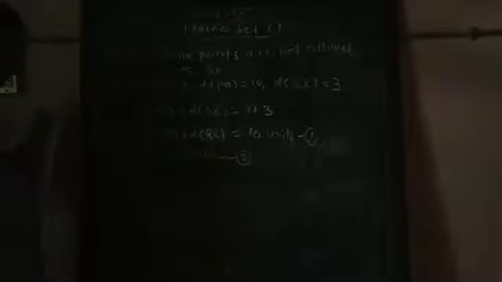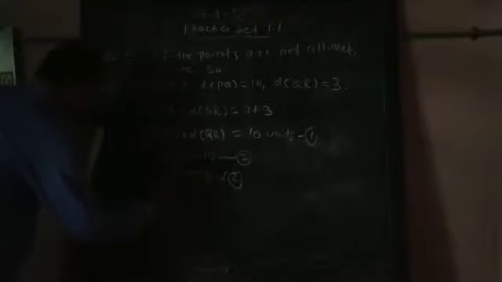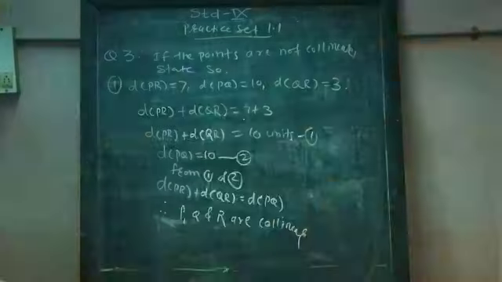Distance PQ is equal to 10. So what do we understand from 1 and 2? We can write that distance of PR plus distance of QR is equal to distance of PQ. Therefore, P, Q and R are collinear. This is the answer. Okay?